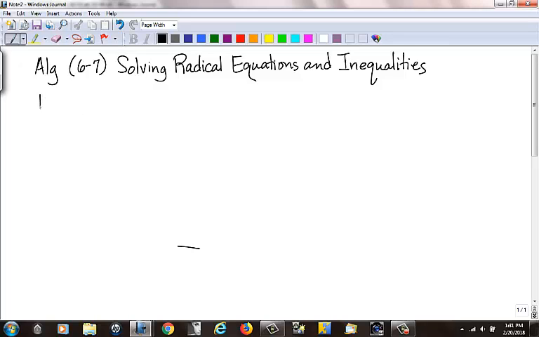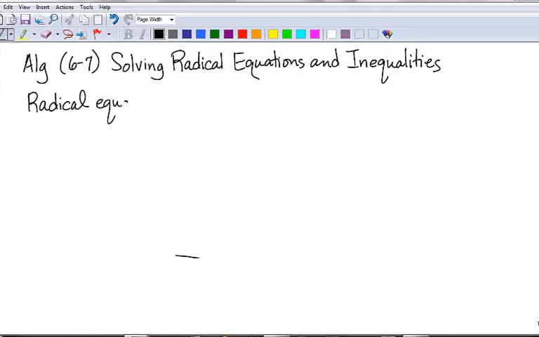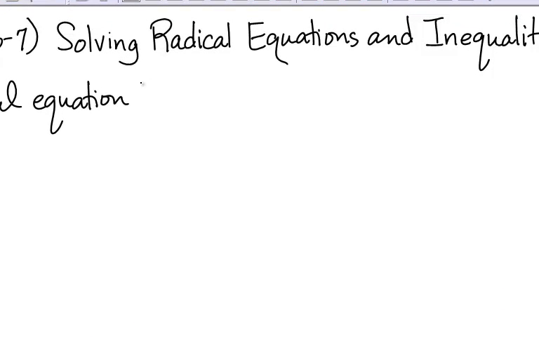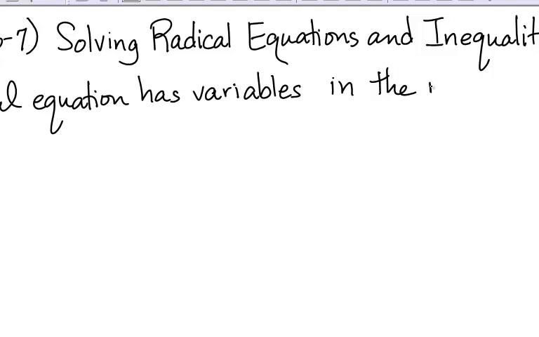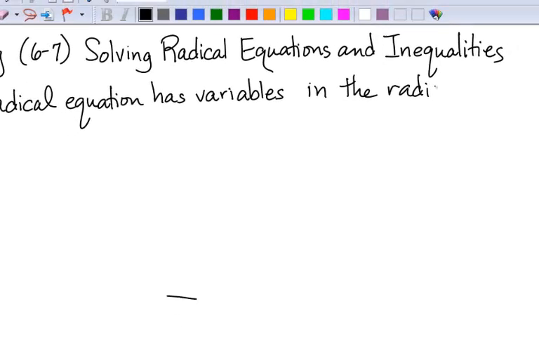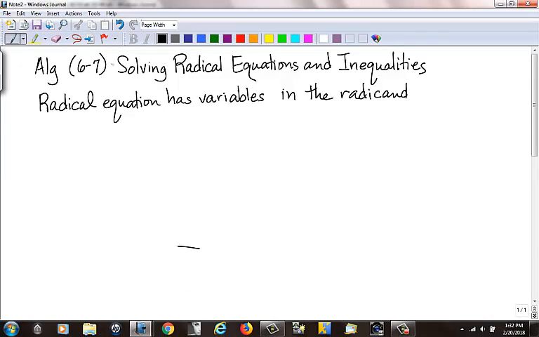Okay, first, when they talk about a radical equation, it has variables in the radicand. That means underneath the radical symbol, there's going to be a variable. Okay, and two key things.